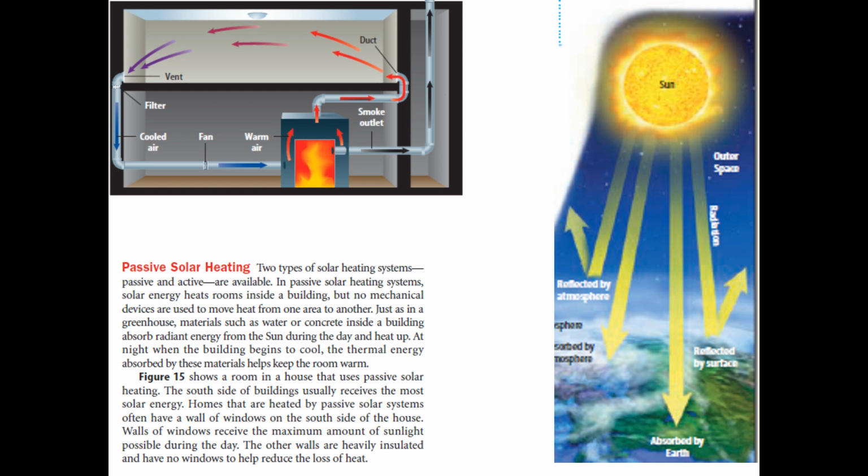Just as in a greenhouse, materials such as water or concrete inside a building absorb radiant energy from the sun during the day and heat up. At night, when the building begins to cool, the thermal energy absorbed by these materials helps keep the room warm.